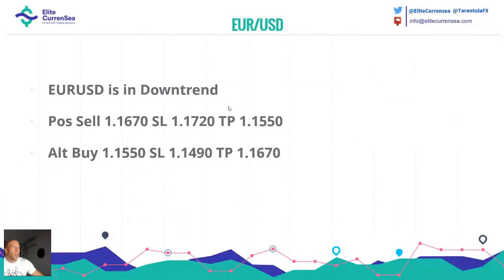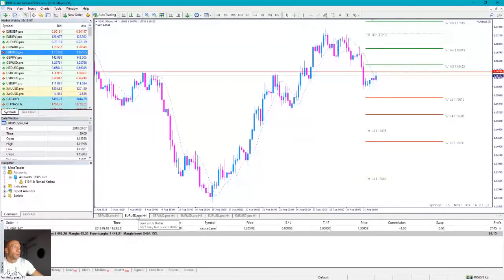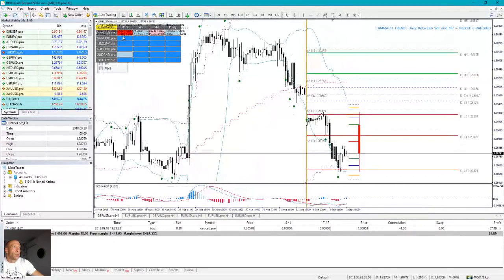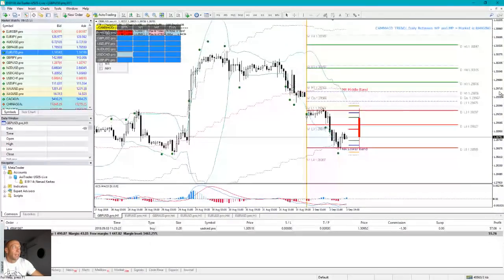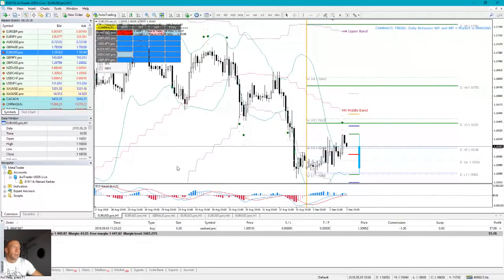Now, euro dollar sell position 1670. I will use Camarilla MACD MTF version 2 for this, because the dollar CAD trade is also Camarilla MACD version 2 MTF, multiple time frame.